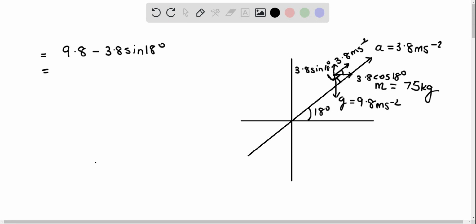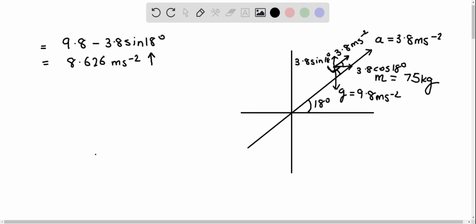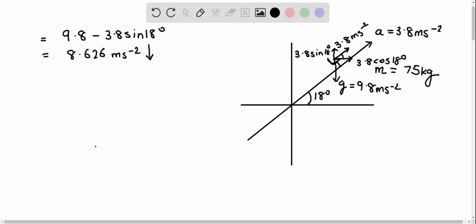That gives us 8.626 meters per second squared as the acceleration in the vertical direction, and this is actually vertically downwards. So let me correct the arrow. And we have an acceleration of 3.8 times the cosine of 18 degrees horizontally in the rightward direction.